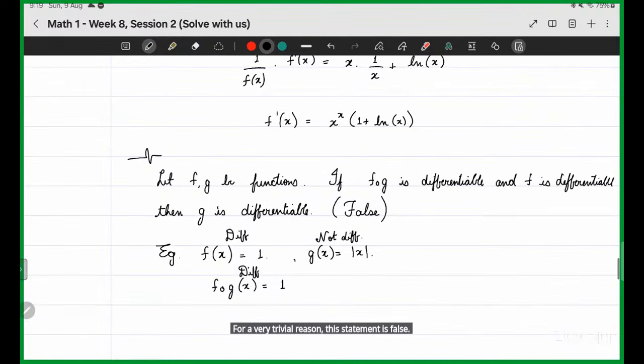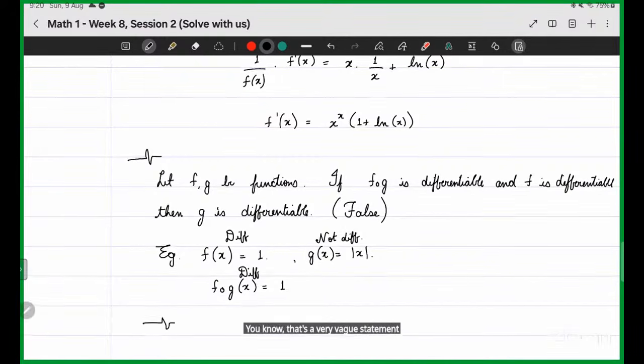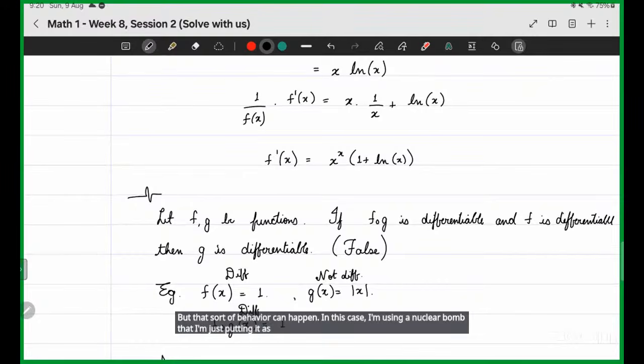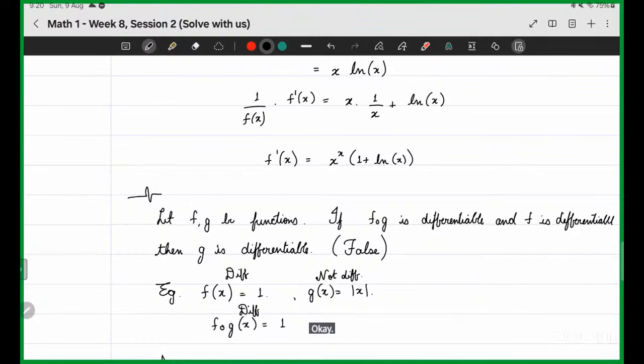Do you see this? Did you understand what's happening? So the non-differentiability part of g can be killed by f. That's a very vague statement, but that sort of behavior can happen. In this case, I'm using a nuclear bomb, just putting it as a constant function. So of course it's going to kill anything and make everything constant.